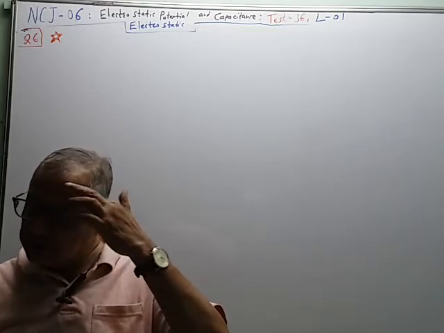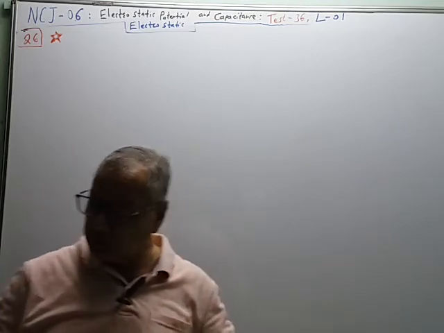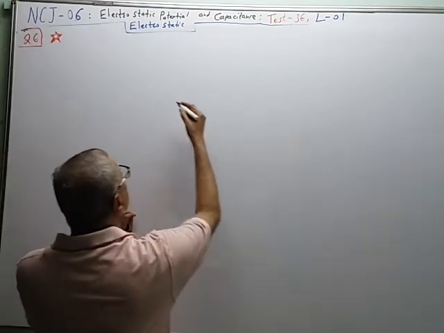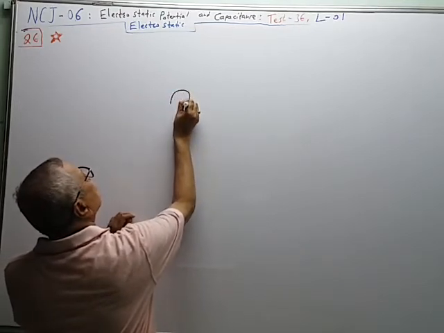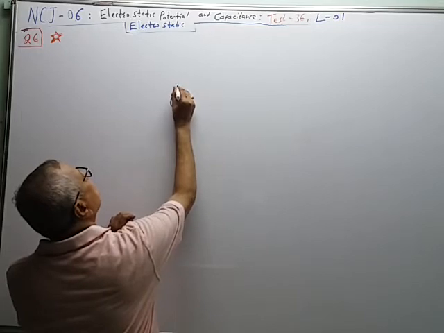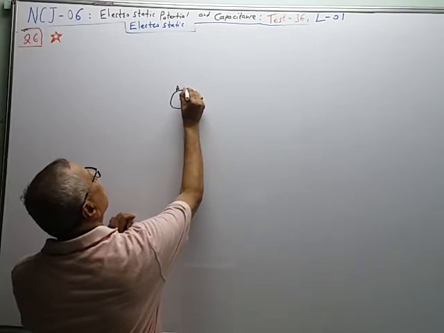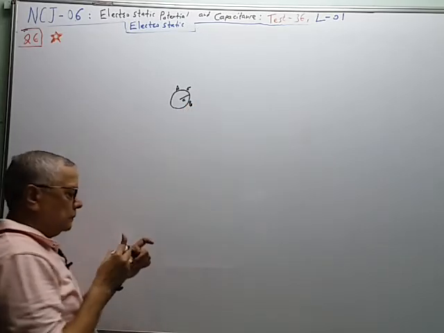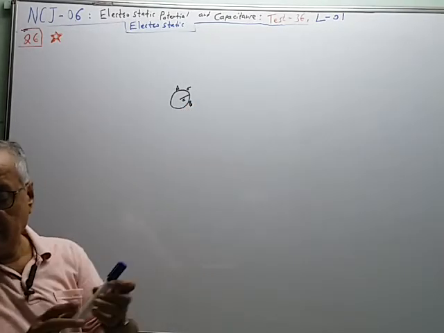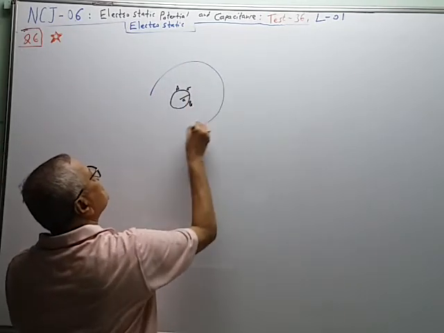So these are spherical shells. They are concentric. So I will show the figure. Suppose this is the shell A, whose radius is A and surface charge density sigma. The charge is QA. Now it is surrounded by another concentric sphere.